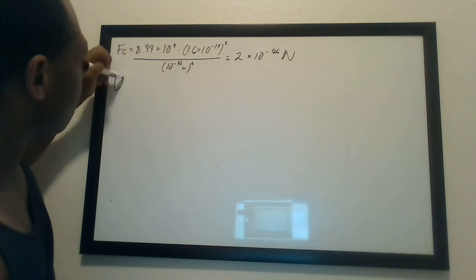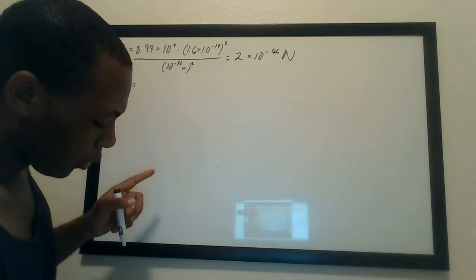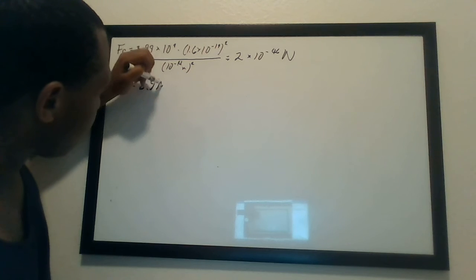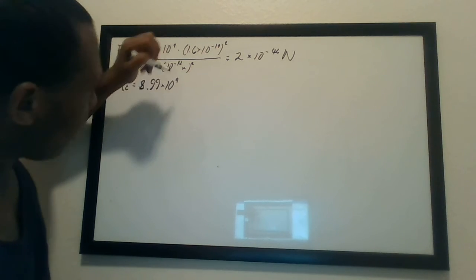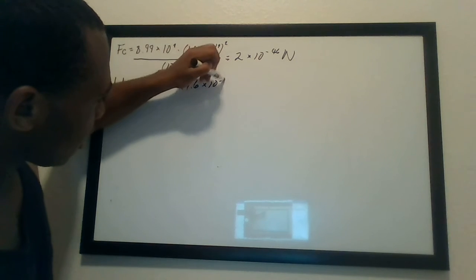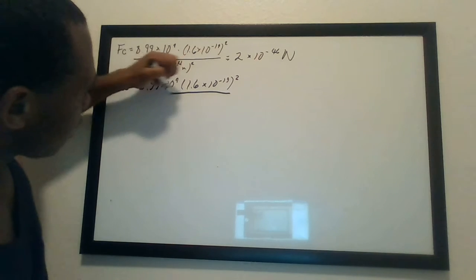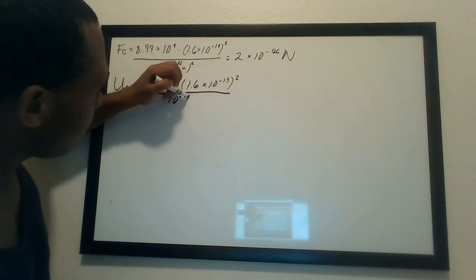And then U_C, the electric Coulomb potential energy between the deuteron atoms, which is 8.99 times 10 to the 9th times 10 to the minus 19, over 10 to the minus 14 meters. Don't mind the sloppy writing. I get sloppy when it's just computation. It's computation for your sake, not for mine.